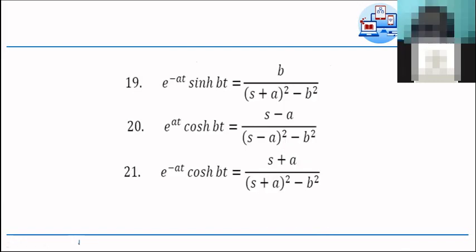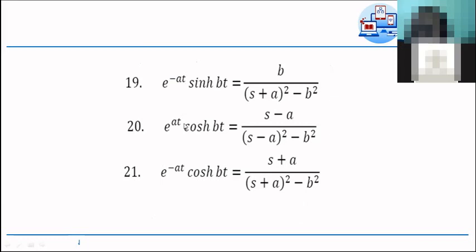Next, 19: e raised to negative a multiplied by t sine of b multiplied by t is equal to b all over quantity s plus a squared minus b squared.